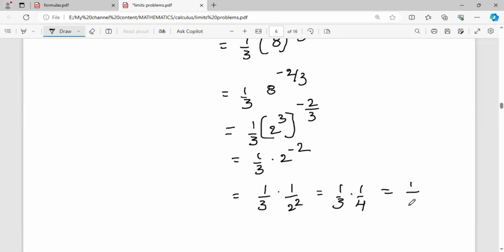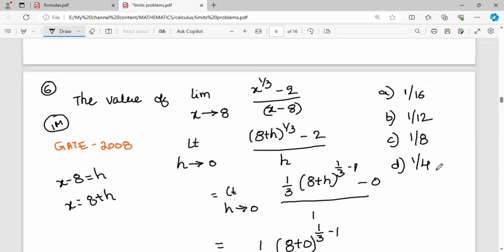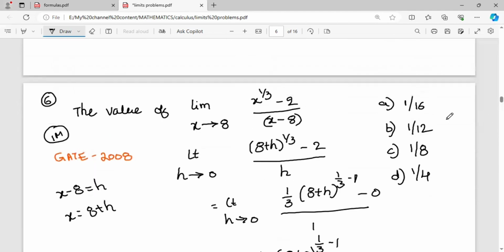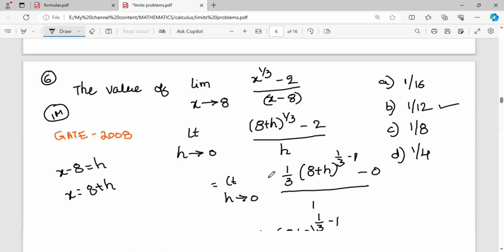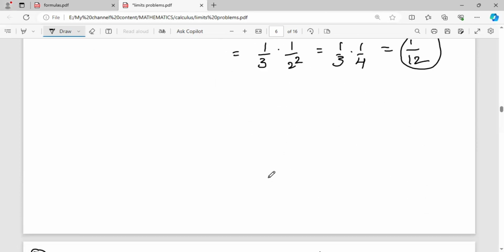The value becomes 1/12. Just a simple mathematical expression. The only change is x - 8, so take that term as h. By applying the L'Hospital rule, we get by simplification 1/12.